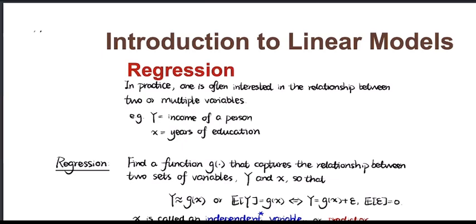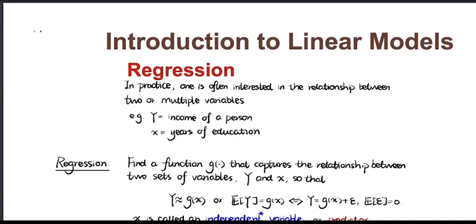But right now, we want to investigate the role played by some variables on the dependent variable. If Y is the income of a person, then that is going to be related to the years of education. And it could be related to more than one variable.